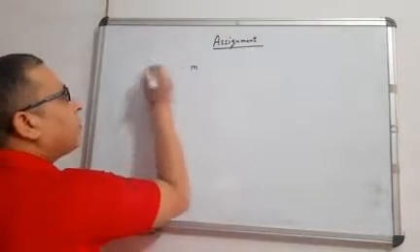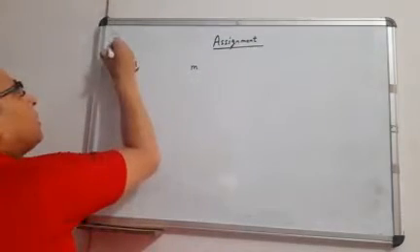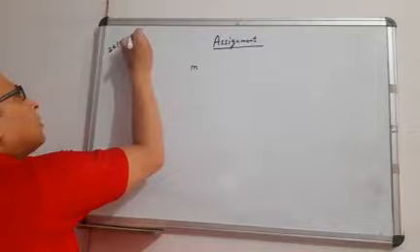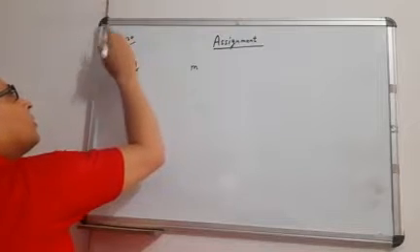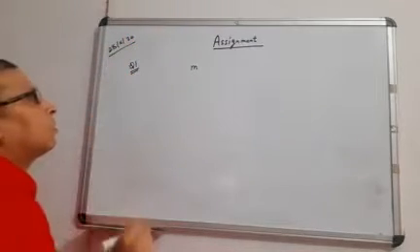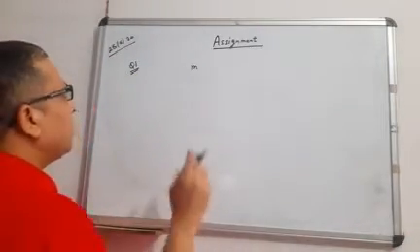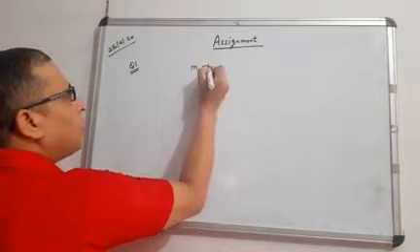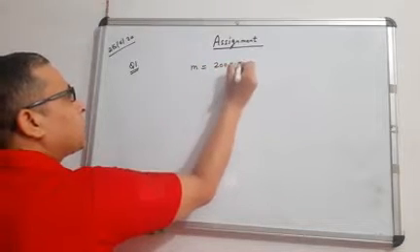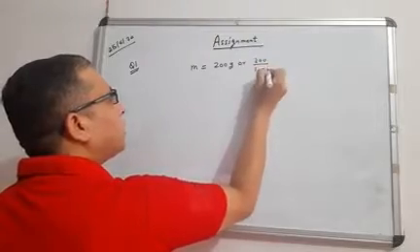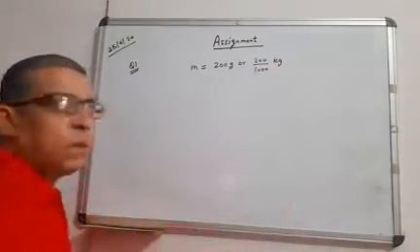What we have? Question number 1. In question number 1, they have given you mass 200 grams or 200 by 1000 kilogram.